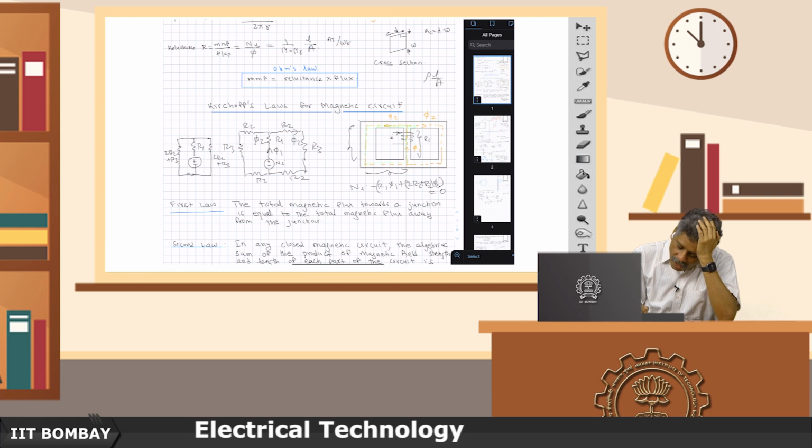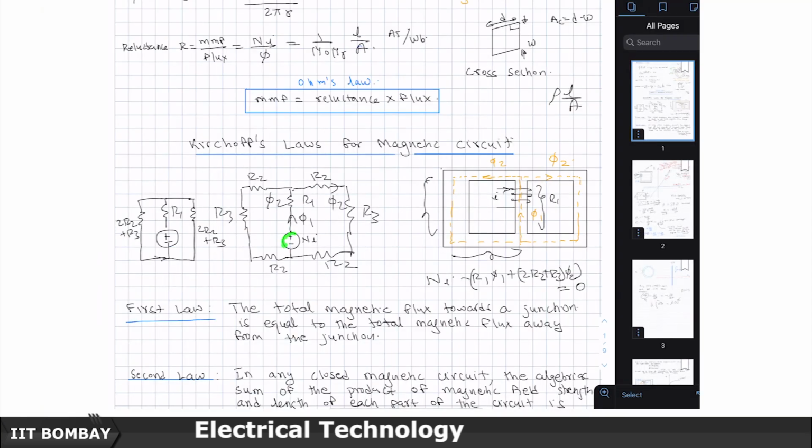So, all that you would have expended is actually nothing but the MMF which you have applied, the cause which you have applied, which is shown here.